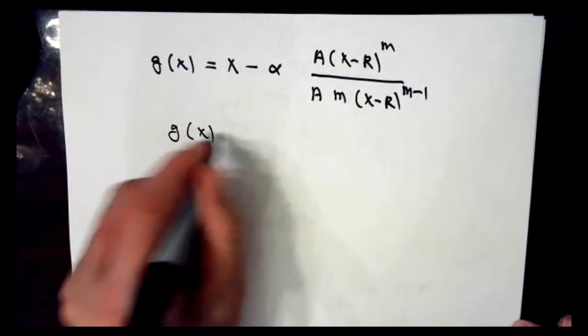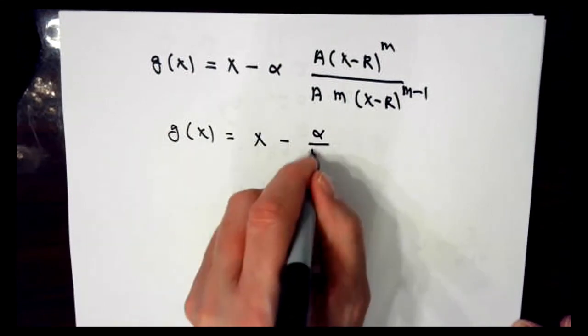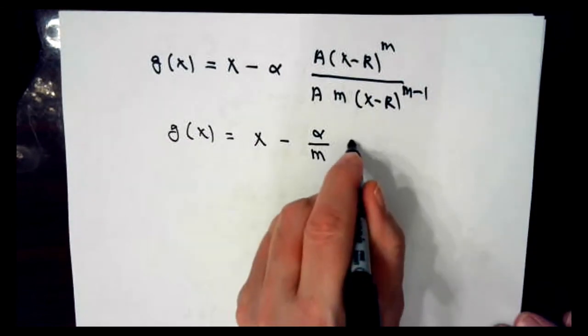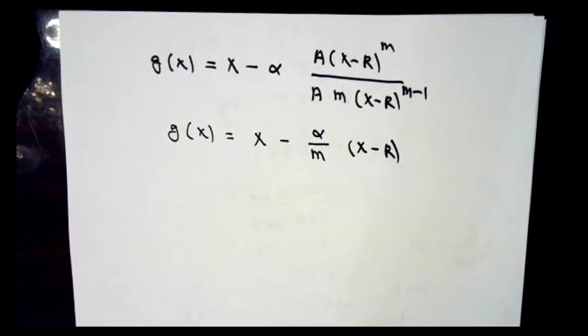So g(x) is x minus alpha over m. I'm going to have m factors of x - r upstairs and m - 1 of them downstairs, so this would be one factor of x - r left.